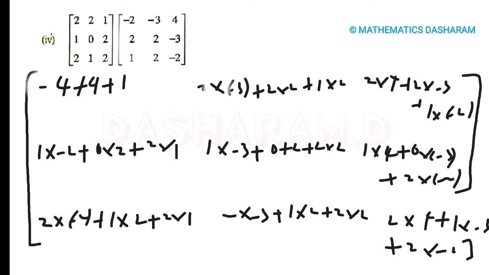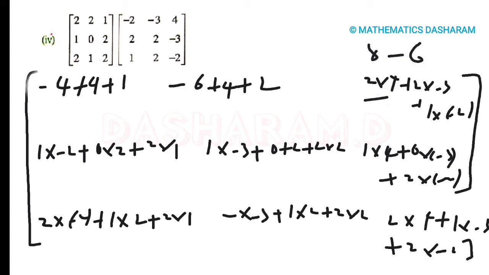So here I simplified the first one, minus 4 plus 4 plus 1. Next here, 2 into minus 3 is minus 6, 2 2s are 4 and 1 2 is 2. Next here, 2 4s are 8, 2 into minus 3 is minus 6 and 1 into minus 2 is minus 2.